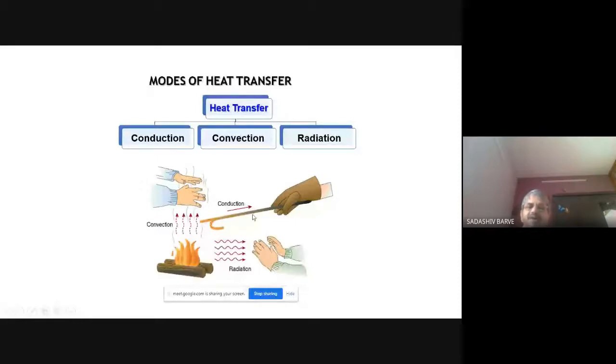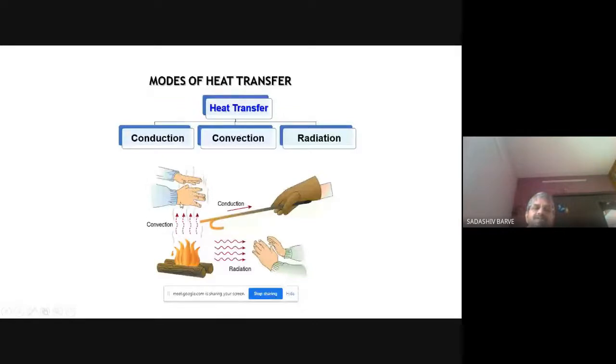So we always talk about it: if it's metallic, we get a hot shock, because it transfers the heat by conduction. The second thing is convection. When we see some kind of fire, the air around the fire gets heat from the source, becomes lighter and goes up, and it gives heat to the sink wherever it may be.